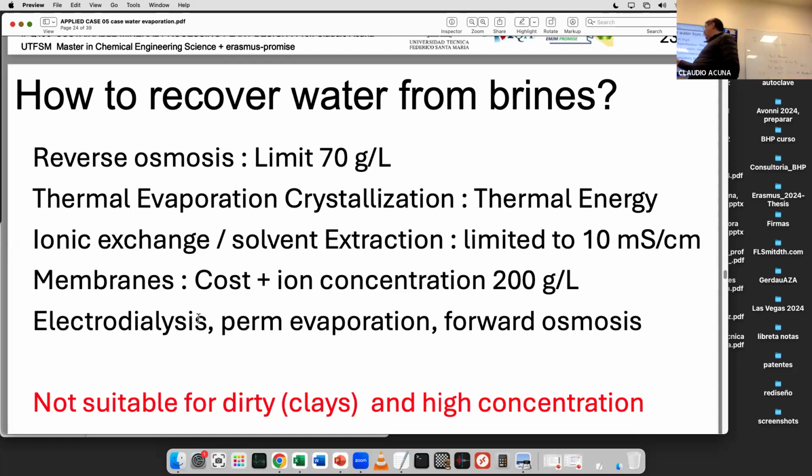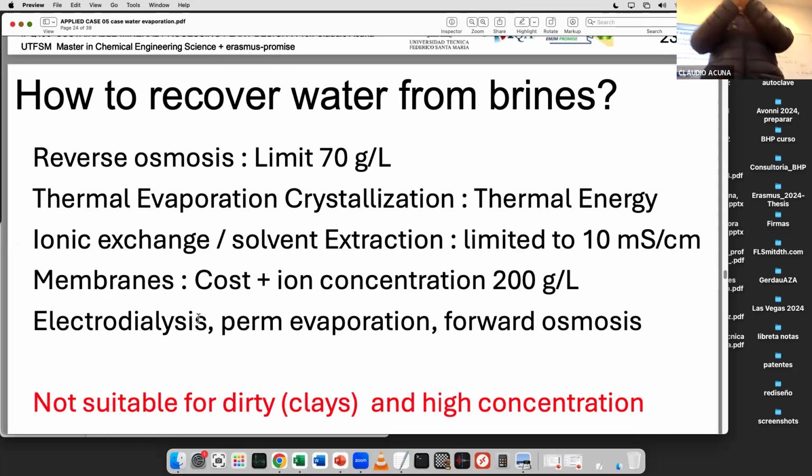Then electrodialysis, very low concentration. Forward osmosis, it can work. It's called forward osmosis, but it's not true, it's a commercial name. It's really only osmosis.